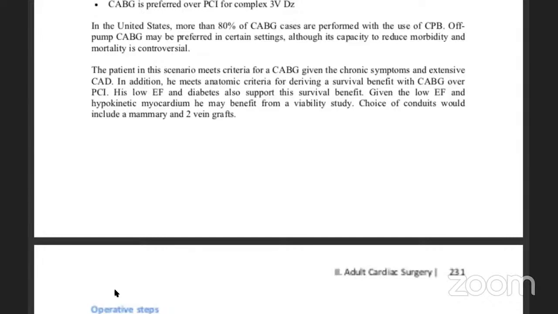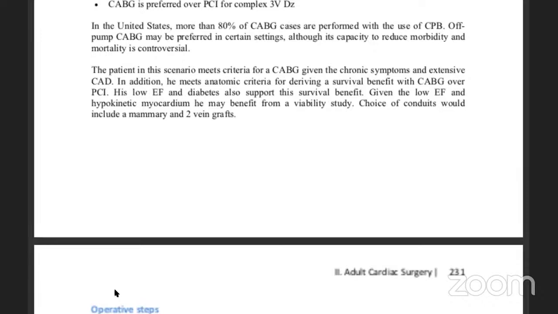Do you have any evidence of that, using one skeletonized and one pedicle? Yes, we have evidence that it reduces the risk of infection in diabetic patients. What's that evidence? I don't remember it at the moment, but the one I'm aware of is if you use bilateral skeletonized versus bilateral pedicle.